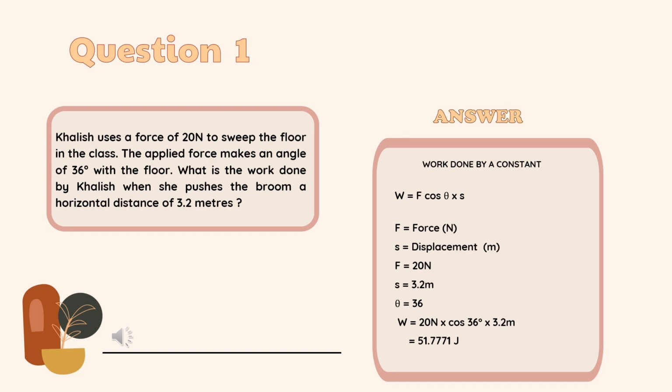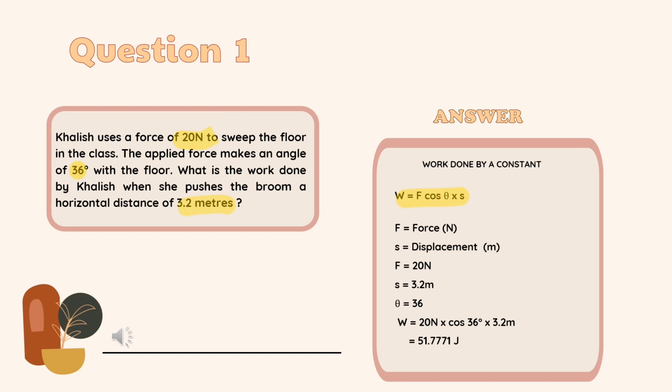Question 1. Kalish used a force of 20 Newton to sweep the floor in the class. The applied force made an angle of 36 degrees with the floor. What is the work done by Kalish when she pushed the broom a horizontal distance of 3.2 meters? By using the formula W equal to F cos theta multiplied by S. F equal to force, S equal to displacement.